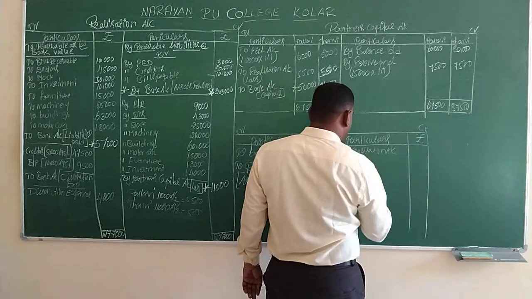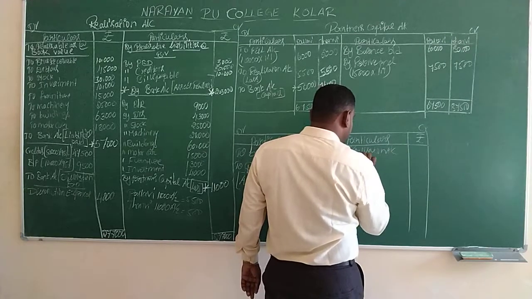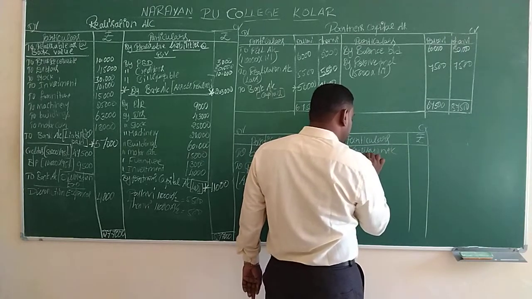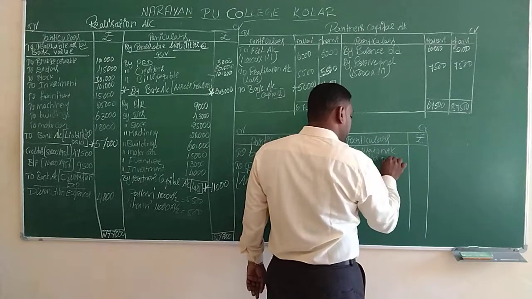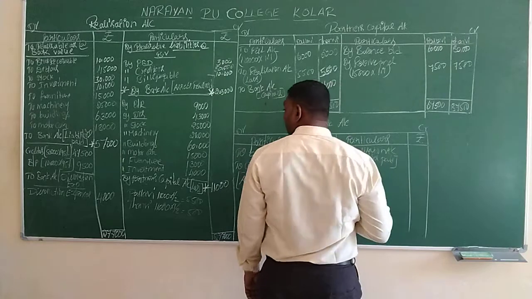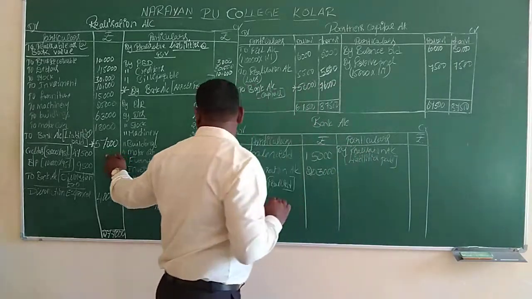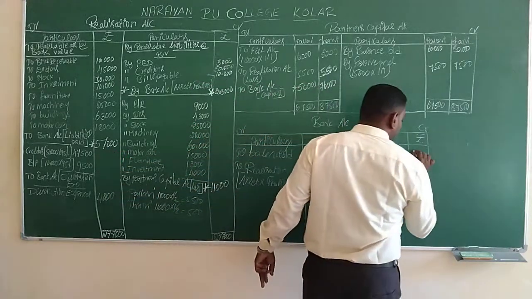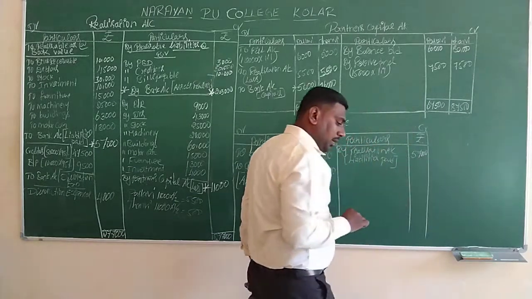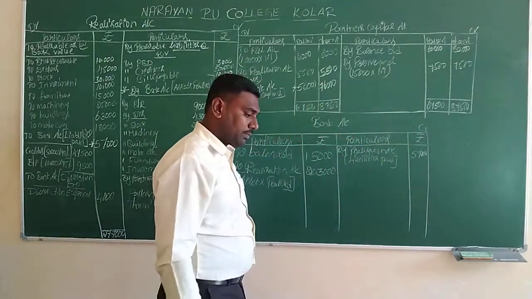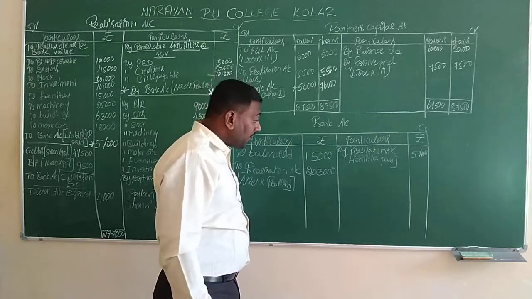In brackets we write liabilities paid. We make the total of the liabilities paid, that is 57,000.